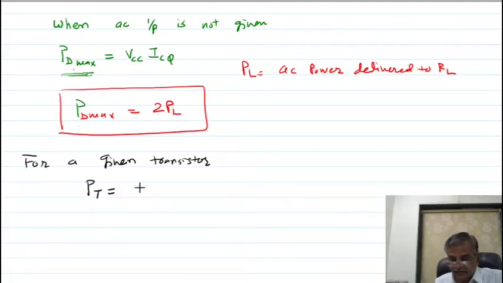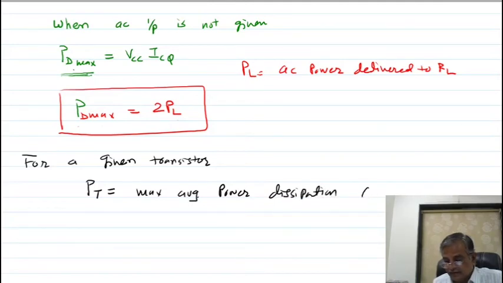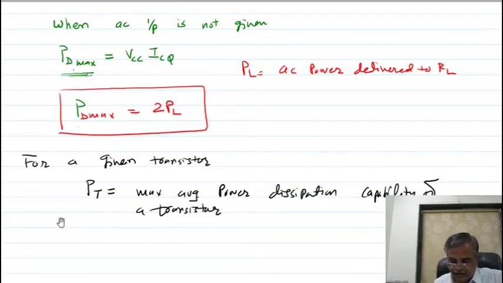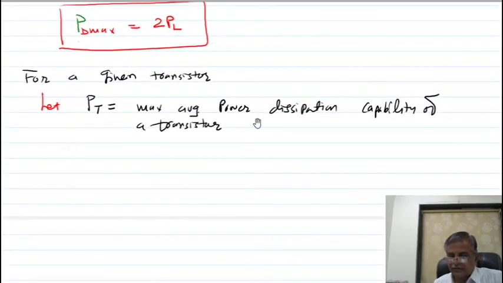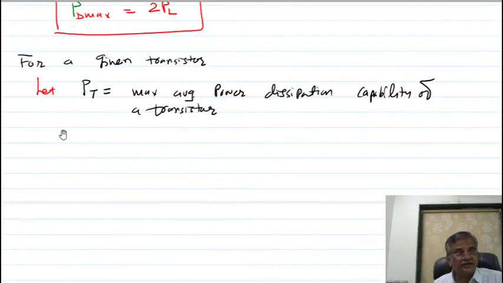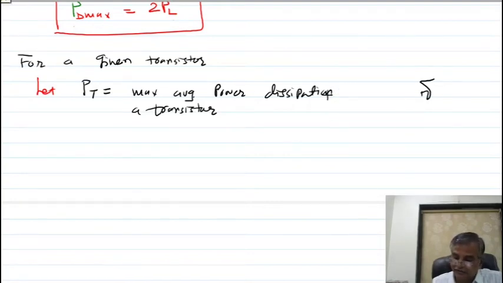PT is the maximum average power dissipation capability of a transistor. This is given by the manufacturer. Remember.